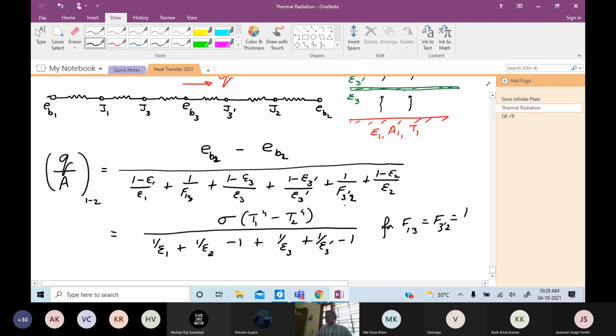Okay, so F32, not 31, 3 prime 2 and F13.